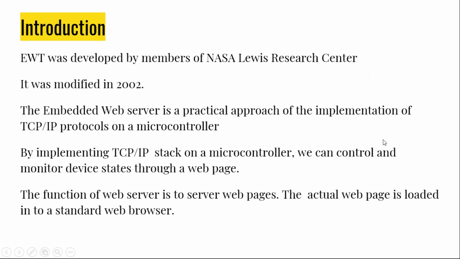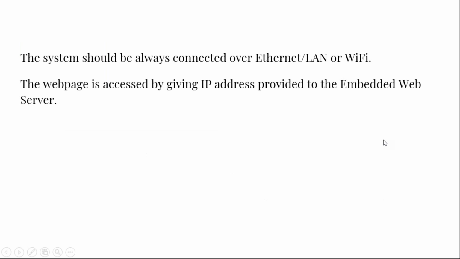The system should always be connected over Ethernet, LAN, or Wi-Fi. The meaning is the same, whether we are using it locally or globally. It totally depends on us how we use it, and what application we want to develop.